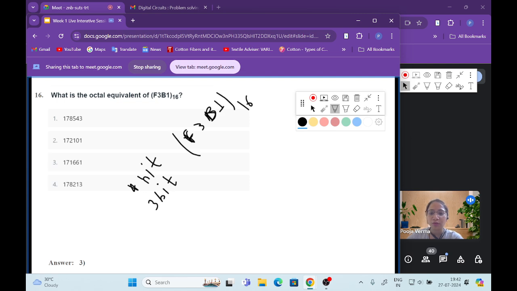So what we need to do is, it is given in 4-bit form, we need to convert into 3-bit form.